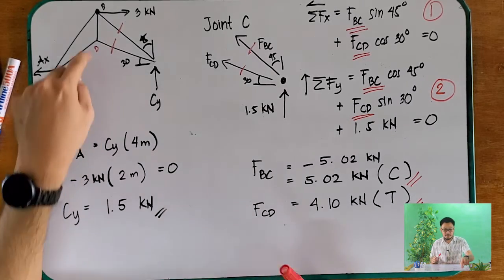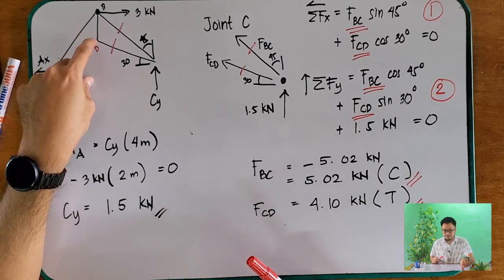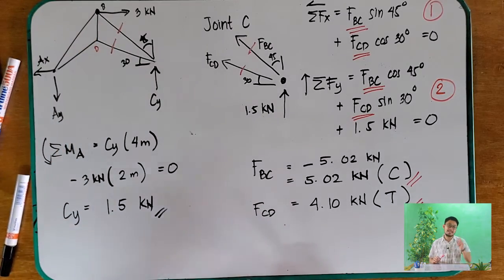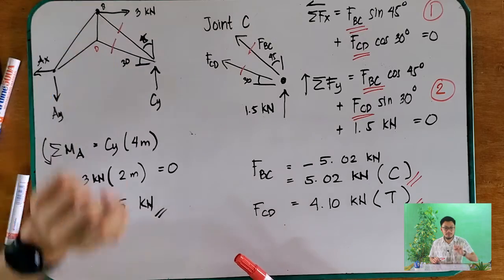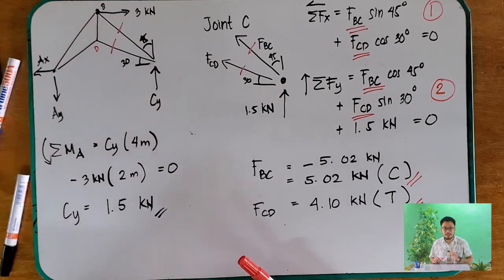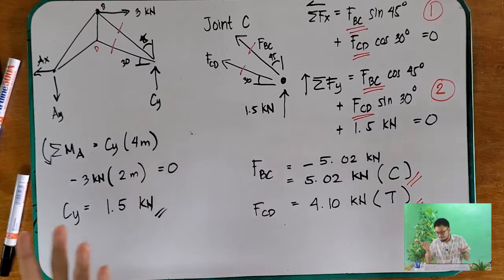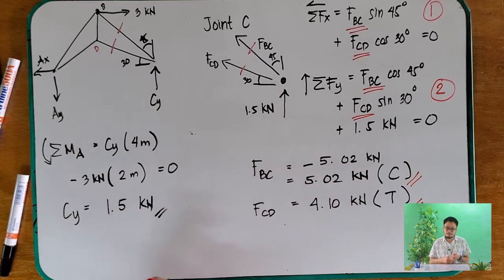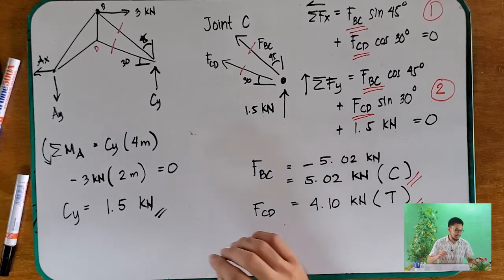Because if you choose D, you have 1 and 2 unknowns. And if you choose B, you also have 1 and 2 unknowns. So it's up to you which one you prefer, B or D, but you will still arrive at the same answer.